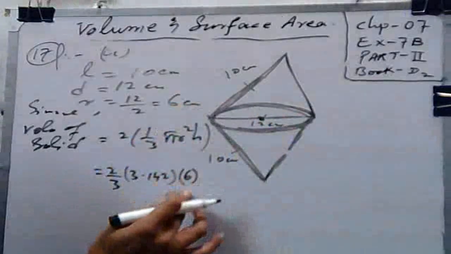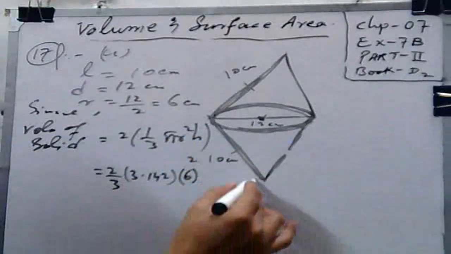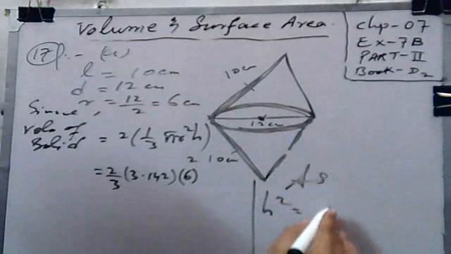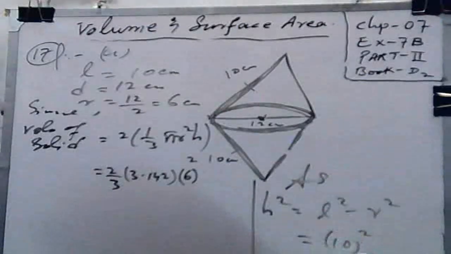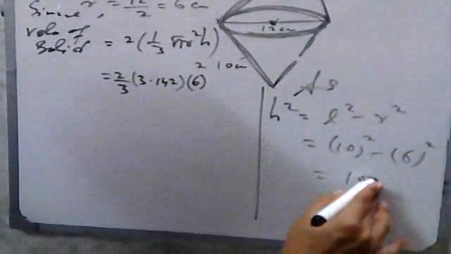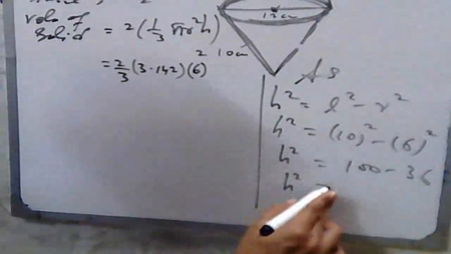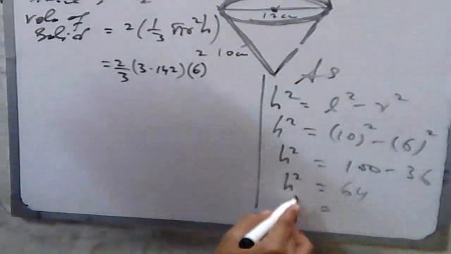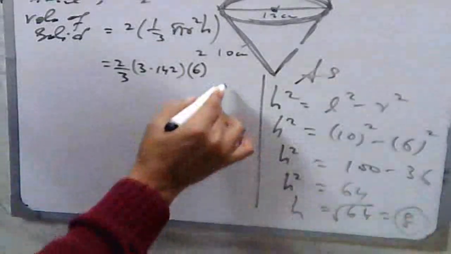With the help of this, we have 6 square, and the height we don't have, so h square is equal to L square minus r square. The value of L is 10 and the value of r is 6. So 100 minus 36, so h square is 64, and the value of h is the square root of 64, which is 8.